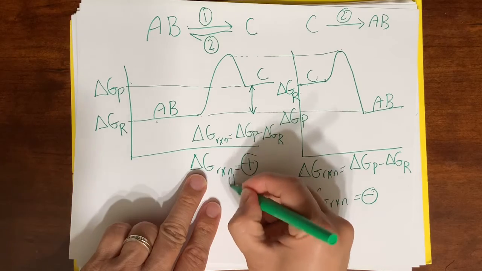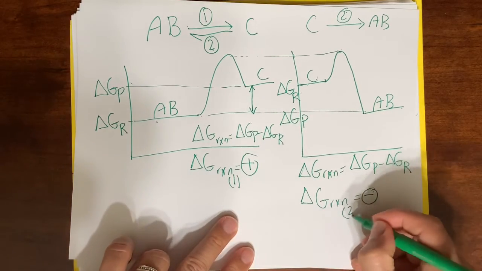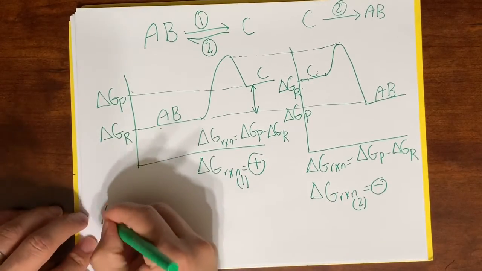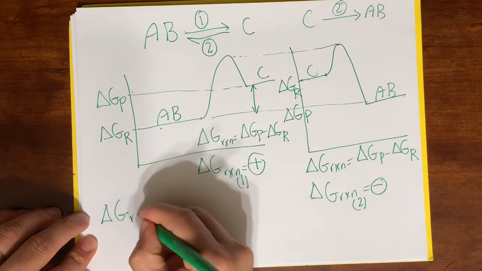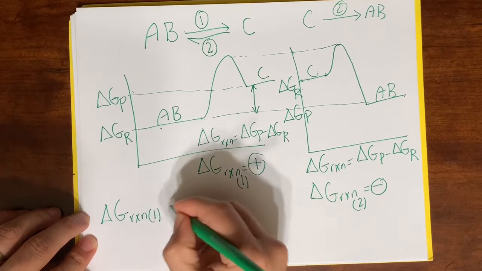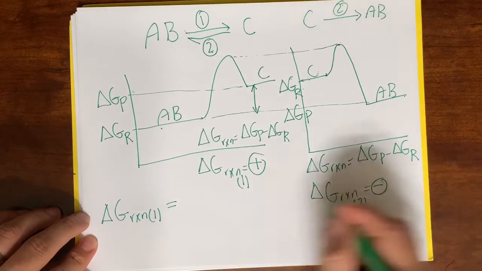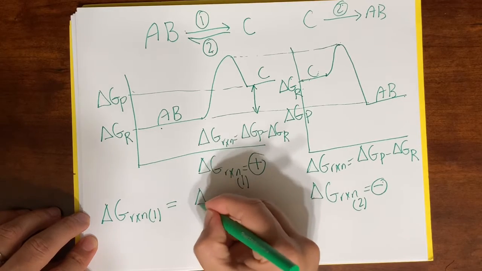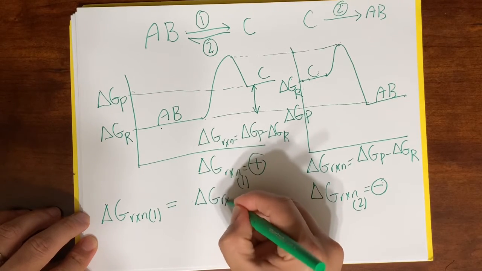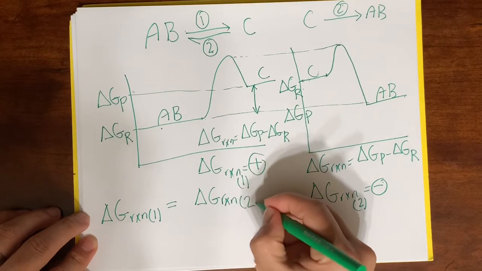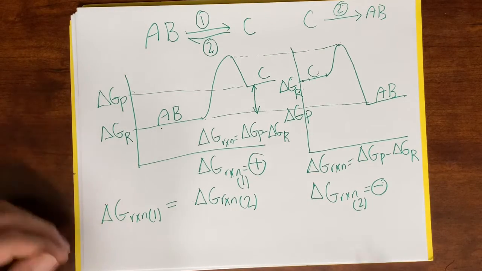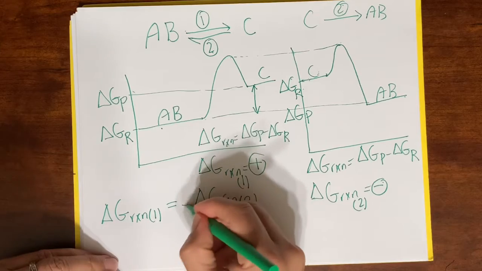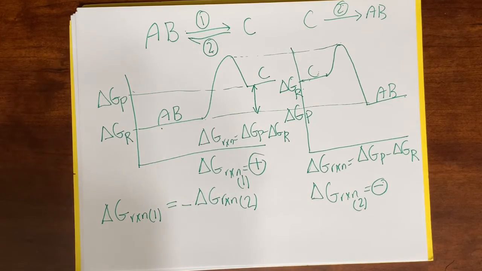Okay, so let's call this one the first reaction and this one the second reaction. So delta G of the first reaction is equal to delta G of the second reaction. The only difference between them is the sign. One is positive and one is negative.